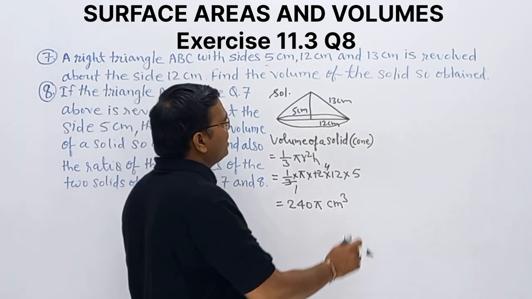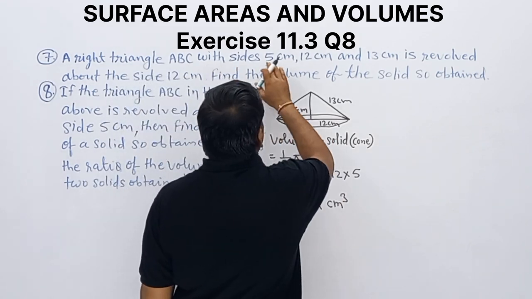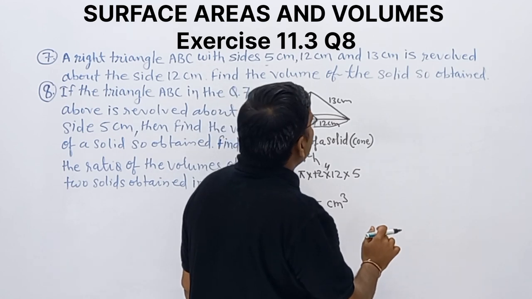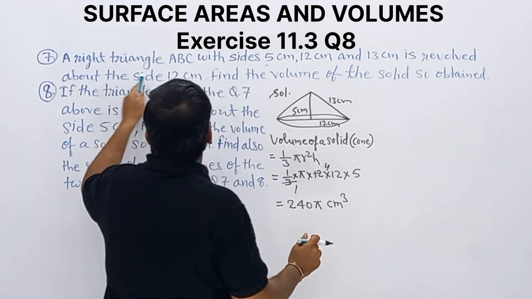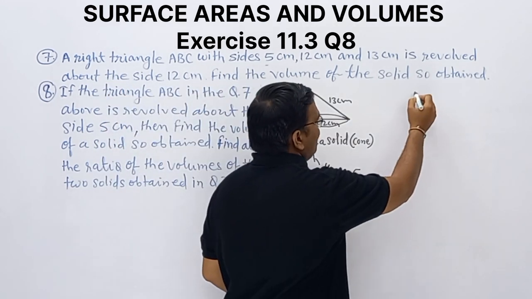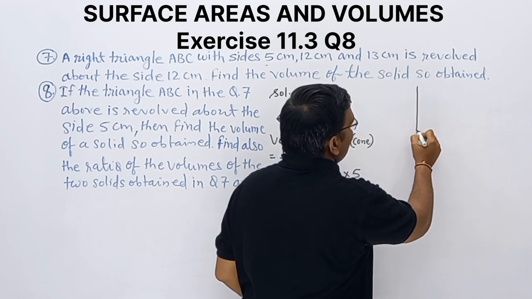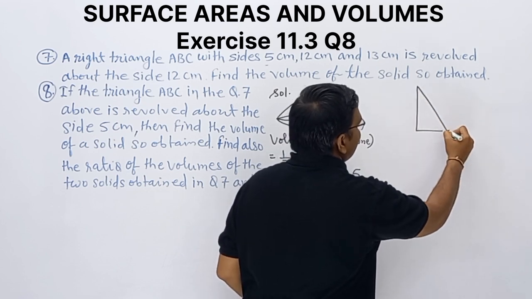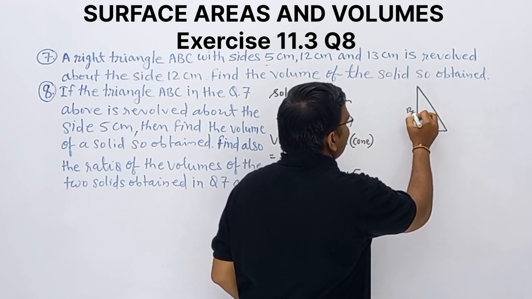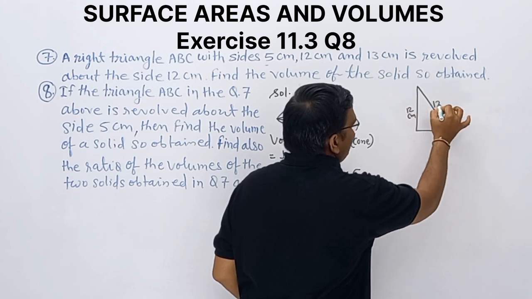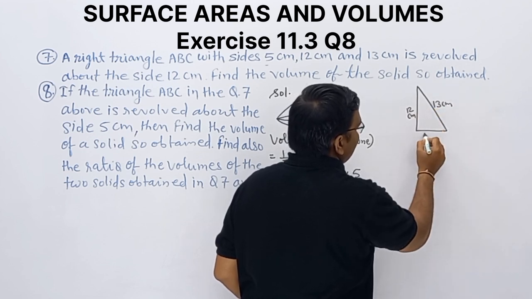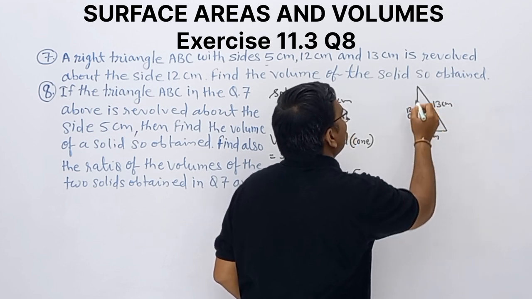Observe again. In question number 7 we have a right triangle, and it is revolved about the side 12 centimeter. This is the 12 centimeter, the biggest side is 13 centimeter, and the remaining side is 5 centimeter.